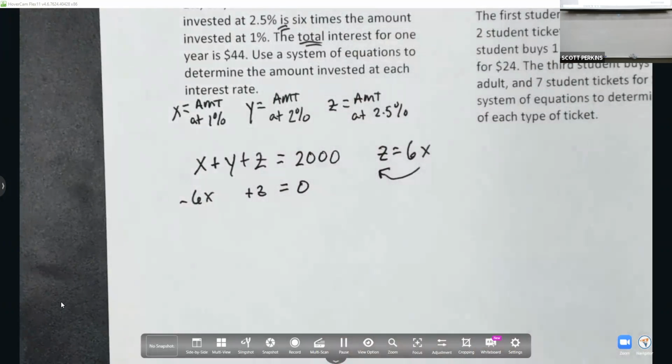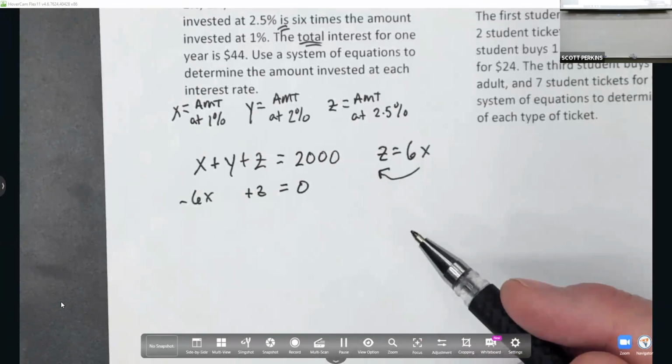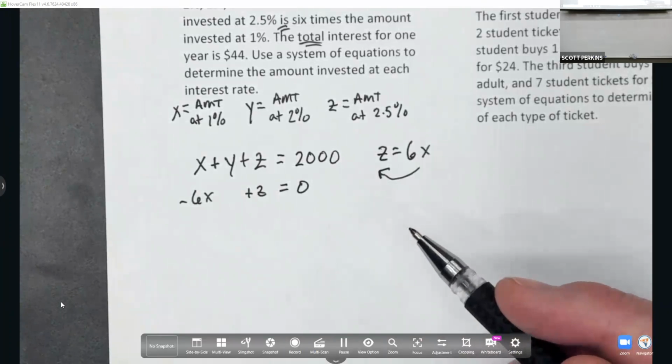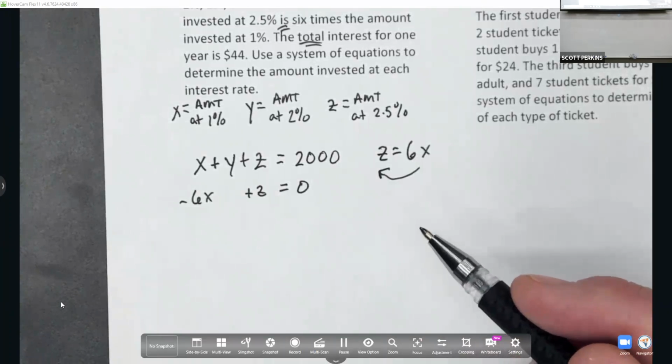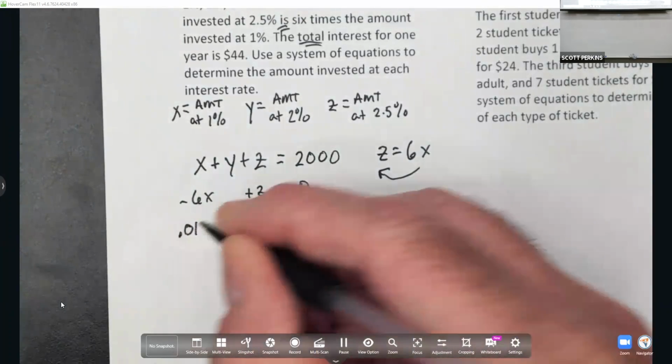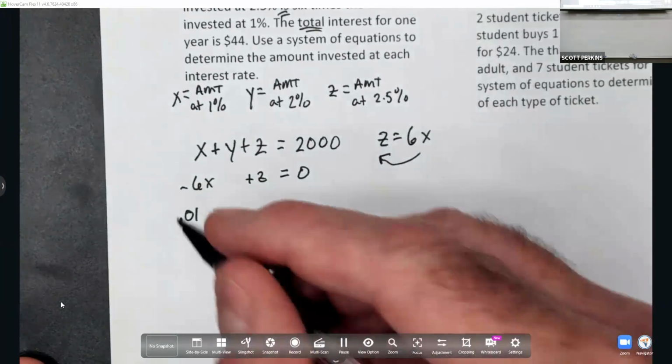How do you calculate simple interest? You multiply. What am I going to multiply? The rate. So 1%, what would the rate be? 1% translates to what? 0.01. Perfect. We're just making our percent into a decimal. So I'm going to take the 0.01 and I'm going to multiply the 0.01 times what? The X amount.